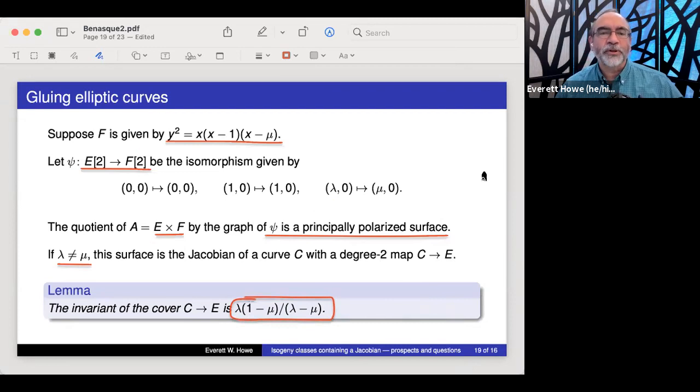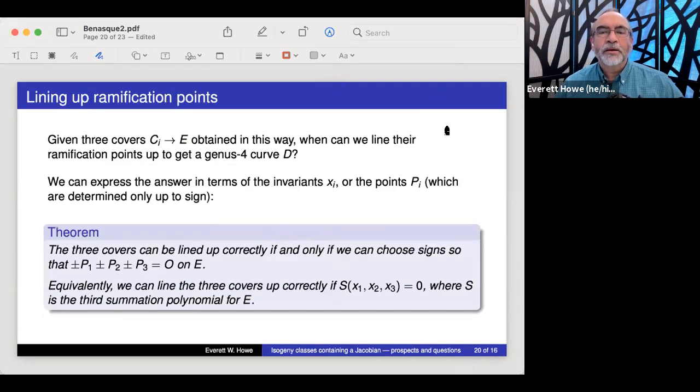So what does this have to do with the construction? Given 3 covers of E by genus 2 curves, you can ask, when can we line the ramification points up in order to get a genus 4 curve, as in the diagram. We can express this answer in terms of the invariants x_i, or of the points P_i, which are determined only up to sign.